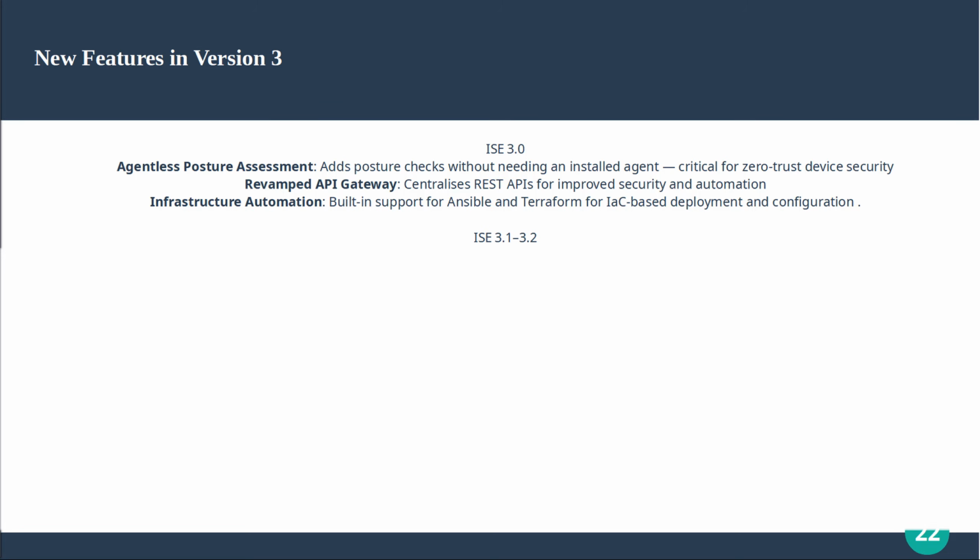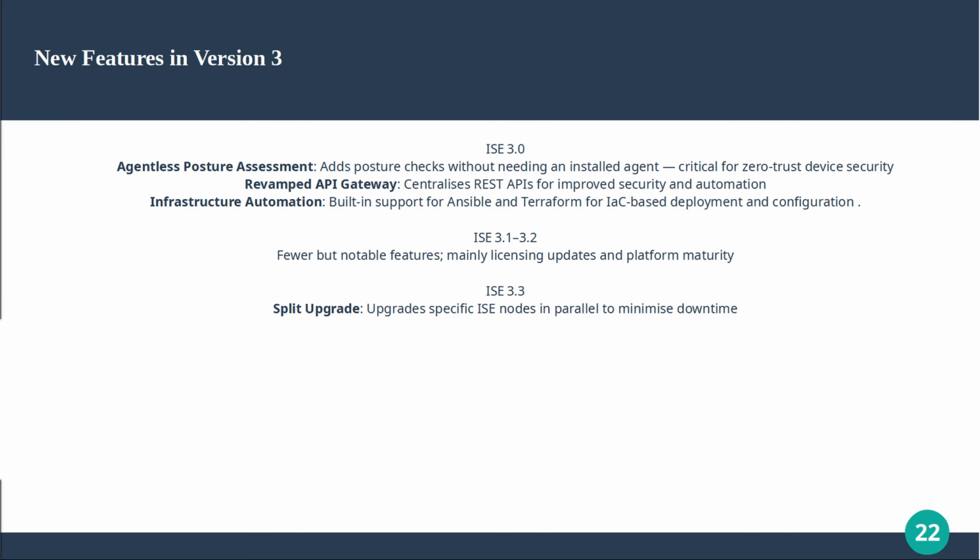Next, moving to ISE 3.1, 3.2, we have fewer but notable features, mainly licensing updates and platform maturity. And moving on to ISE 3.3, it supports split upgrade, so you can upgrade specific ISE nodes in parallel to minimize downtime.